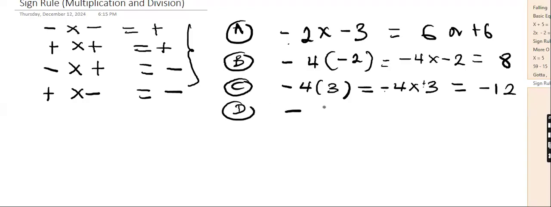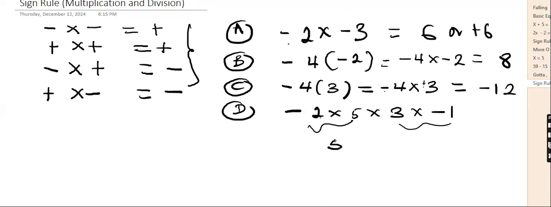So let's assume we have minus 2 multiplied by 5 multiplied by 3 multiplied by minus 1. So let's see what this is going to be. We can take them two in pairs. So this 2 and this 2. Let's try the first two. 2 times 5 gives me 10.